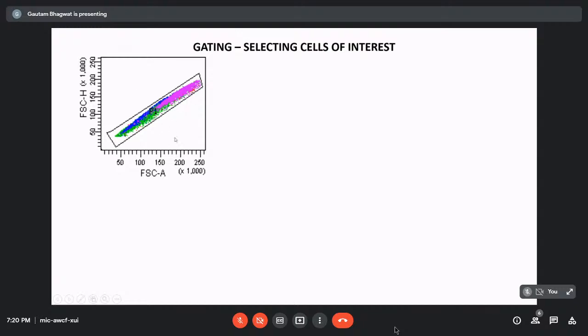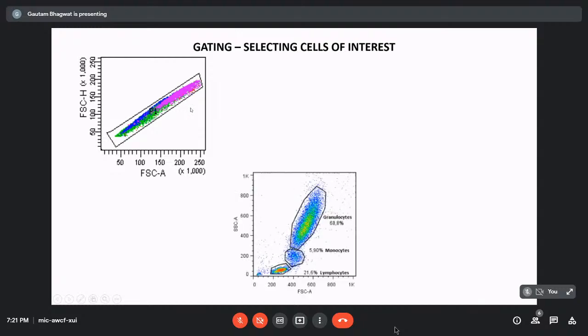So most likely these cells are larger in size, in terms of they are not single cells. So ideally from the flow cell, one cell should pass at one time, but it is not the ideal situation always, and you would get double cells going or triple cells going. So these cells would have a larger size, and therefore the first gate that we put is around the cells which are singlets, and we call this singlet gating.